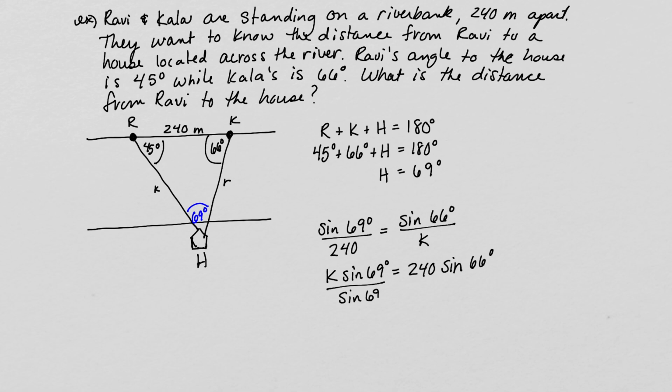Divide both sides by the sine of 69 degrees, and k ends up being approximately 234.8 meters. Questions? No.